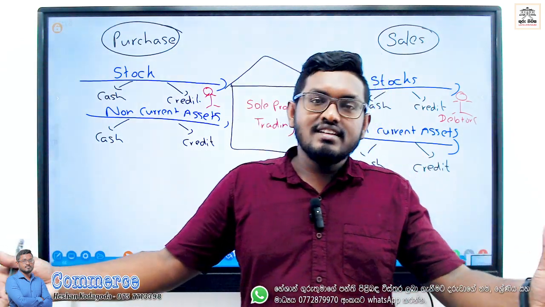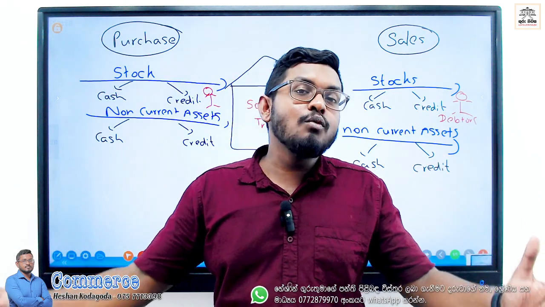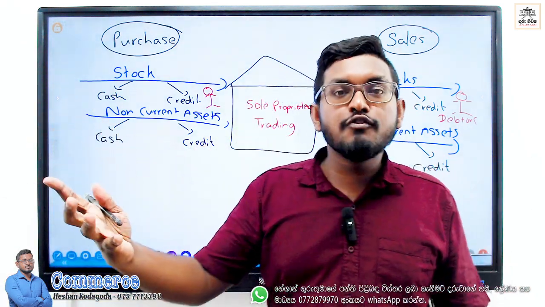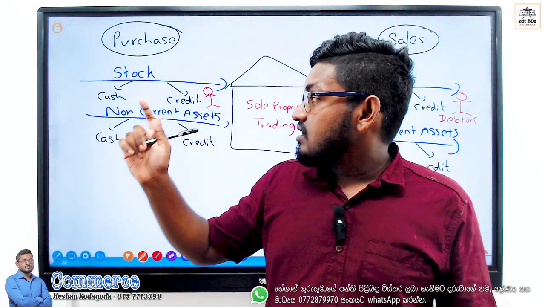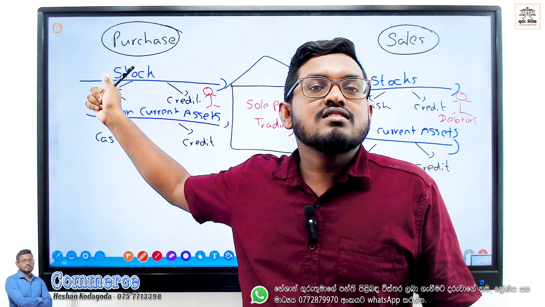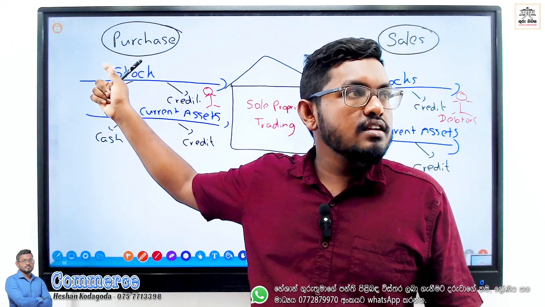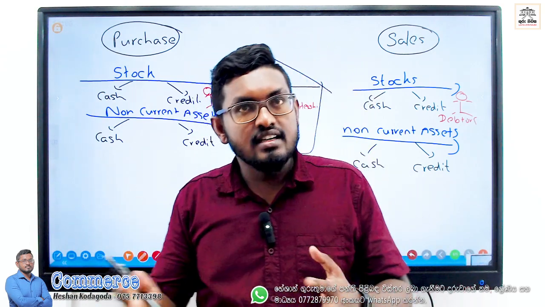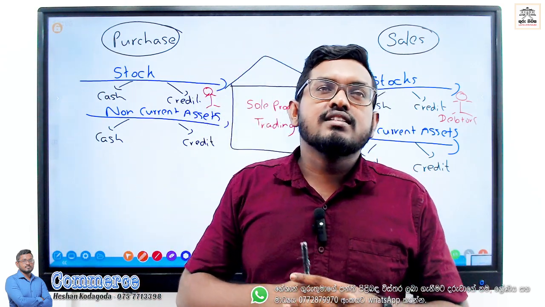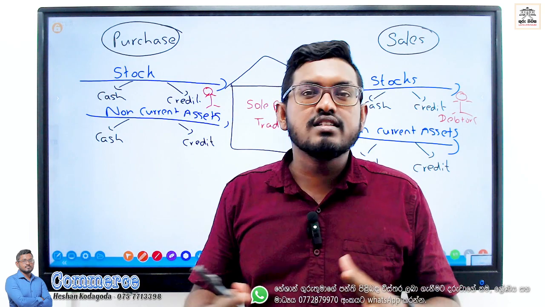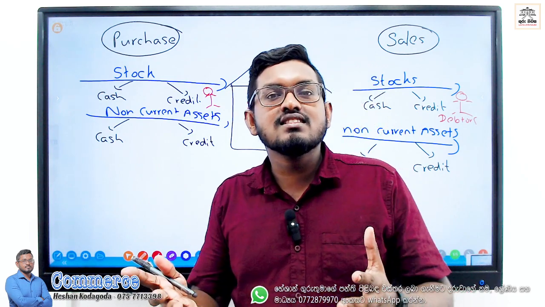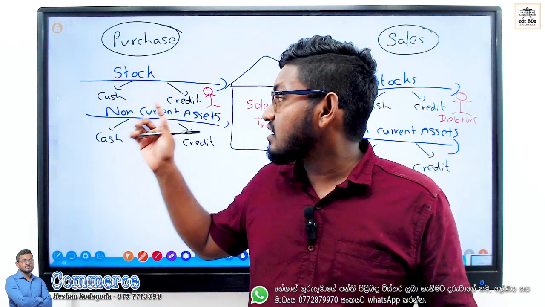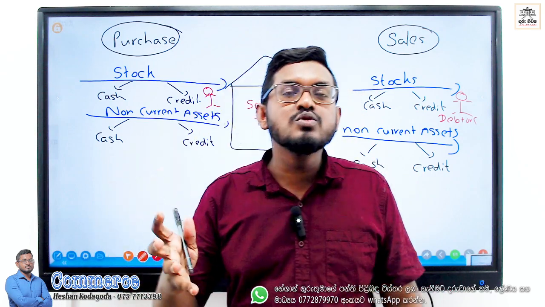Think about a car sale. In a car sale, motor vehicles which are held for resale come under stocks. But think about another kind of business, like just a grocery store. There the motor vehicle comes under non-current assets because it's for usage purposes.